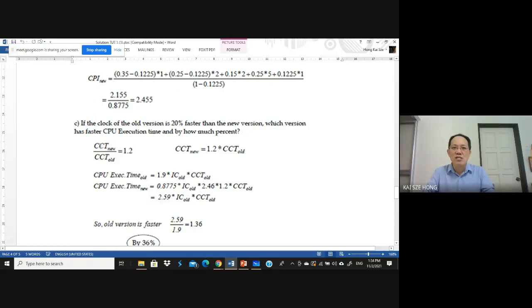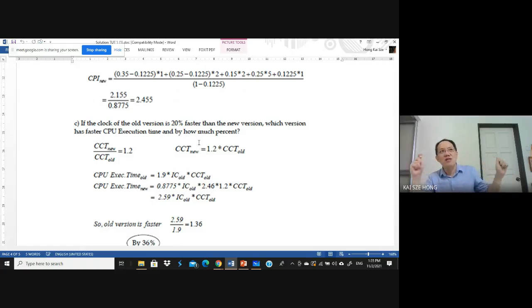So the clock cycle time for the new one over the old one will be 1.2. The new clock cycle time equals 1.2 multiplied by CCTO. Because you have designed a new computer, your clock cycle time has increased. When you design inside, you have a lot of metal, wire, and transistors.